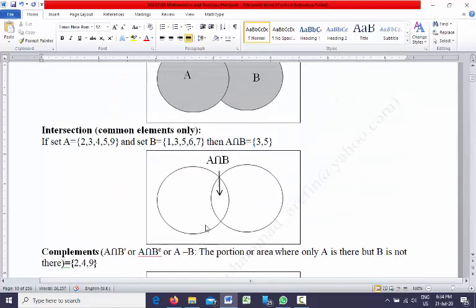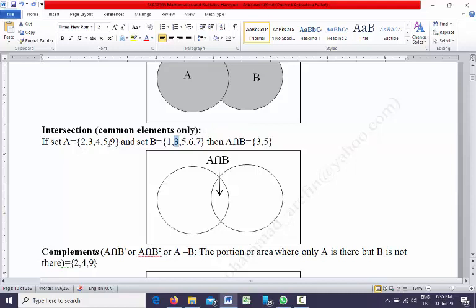So again, one more thing. A intersection B prime: from set A, we will eliminate the elements of B. Here we can see 3 is also in set B, so we will remove that.